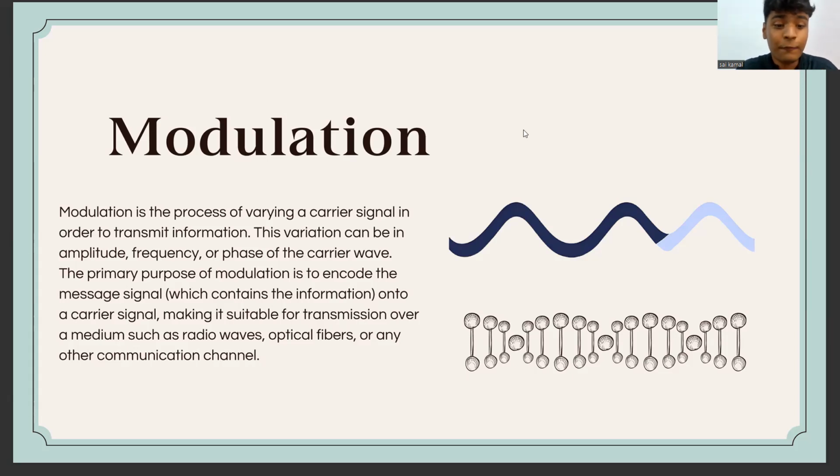The primary purpose of modulation is to encode the message signal, which contains the information, onto a carrier signal, making it suitable for transmission over a medium such as radio waves, optical fiber, or any other communication channel. Like we have seen in the landline phone, where we use only one cable for direct communication. And nowadays we are using optical fiber, which is expensive.